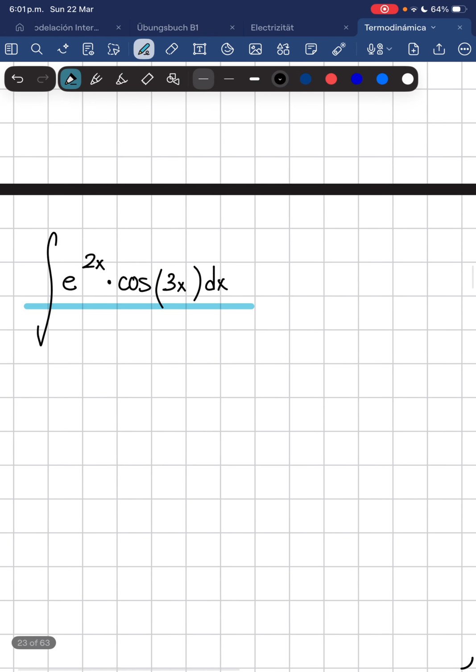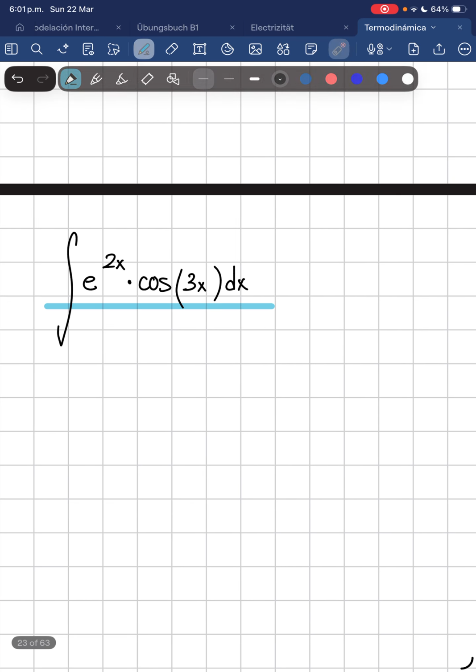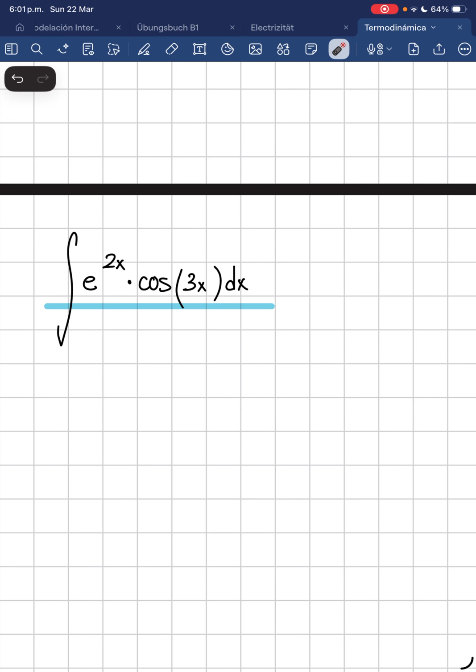Today we're gonna solve this integral right here by the method of integration by parts, but we're gonna use a little tricky method, which is the algebraic one using integration by parts.